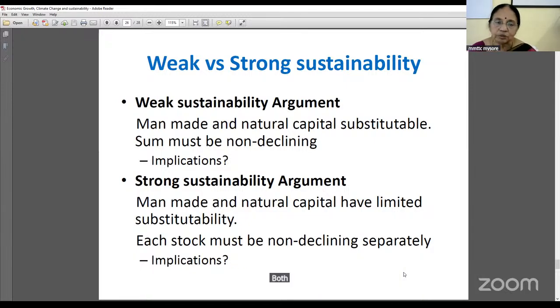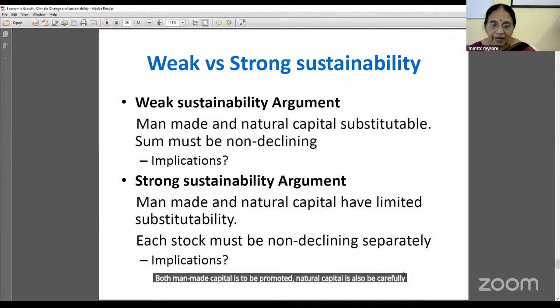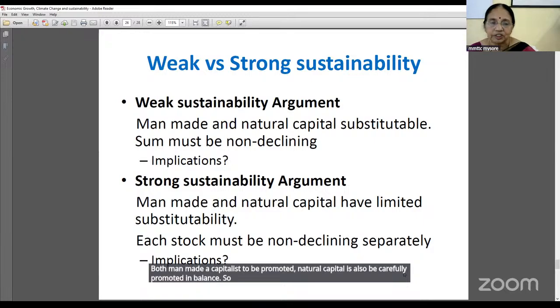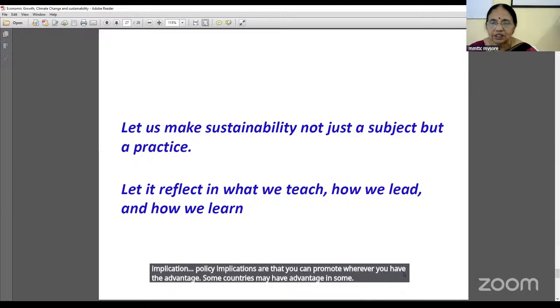Man-made capital is to be promoted, and natural capital is also to be carefully promoted, in balance. Only then is it possible to achieve sustainable development. Whereas in the weak sustainability argument, the policy implication is that you can promote wherever you have the advantage. Some countries may have an advantage in some. So these are the arguments.